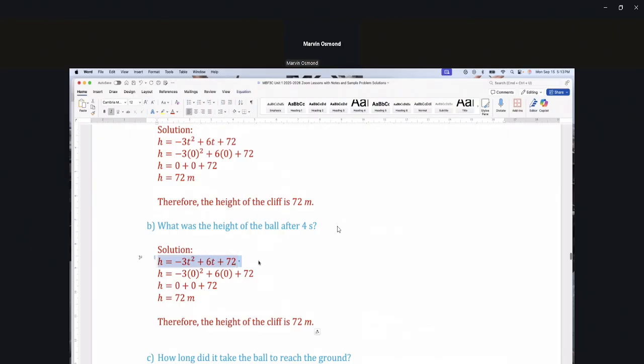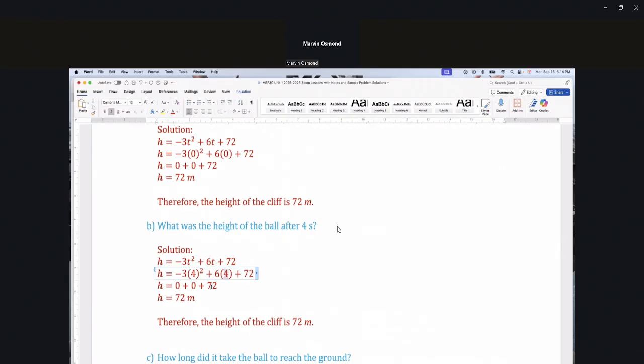It's always the first step, the equation, or if we're dealing with the formula, then we do that part first. The second step is to do the substitution. Height of the ball after 4 seconds. 4 seconds is time, so we replace the t with 4 in each of the places where you can see there's a t.